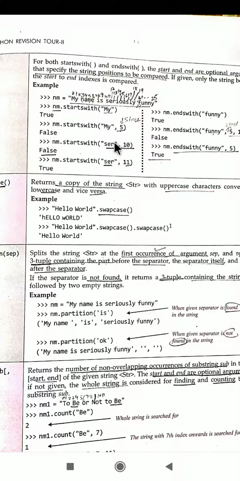This blank space does not start with ser, it is starting from the blank space, so it will go false. You can again check startswith ser, and now the subscript position is 11, and the 11th position is ser. Now it is true, so it will return true.